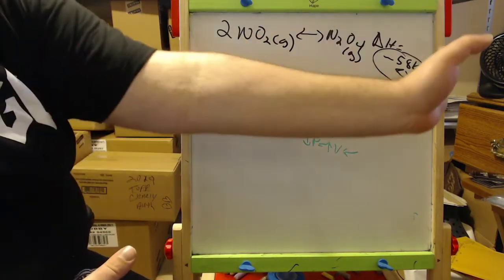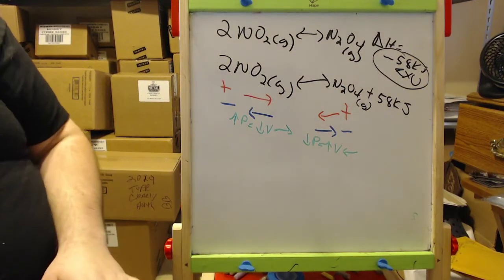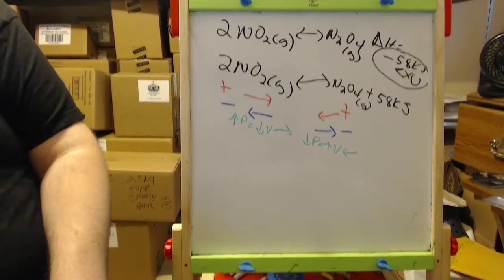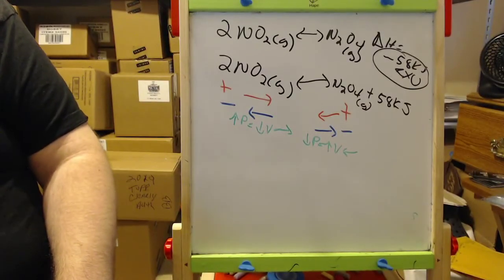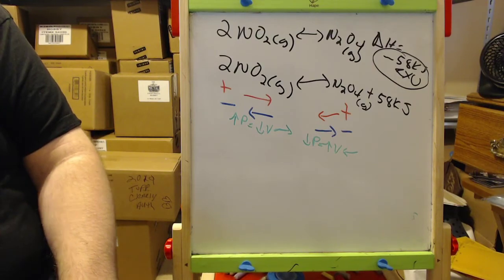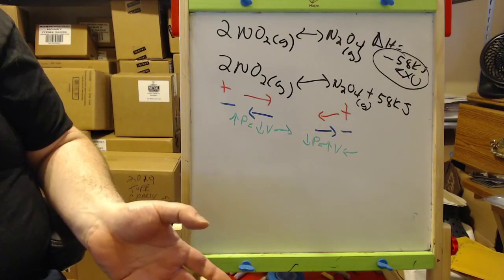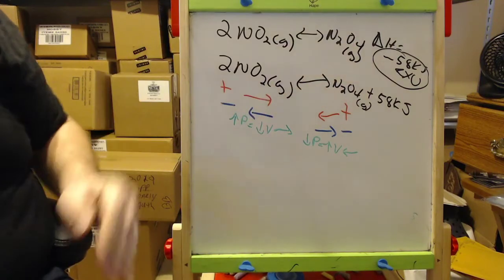Which direction will I go? Yep. I keep using the word shift because that's what's stuck in my head. So I'm at equilibrium, everything's cool. I remove a product. I shift towards the products. That means my reaction will move towards the products.